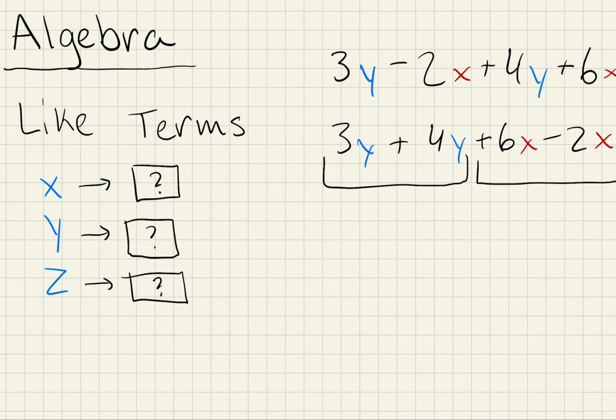So 3 plus 4 is simply 7, so 7y, and then 6 minus 2 is simply 4, so 4x. And there is a standard way of placing which goes first. Typically I'll do x, y, z in that order, so I do 4x plus 7y just for elegance, but it doesn't really matter.